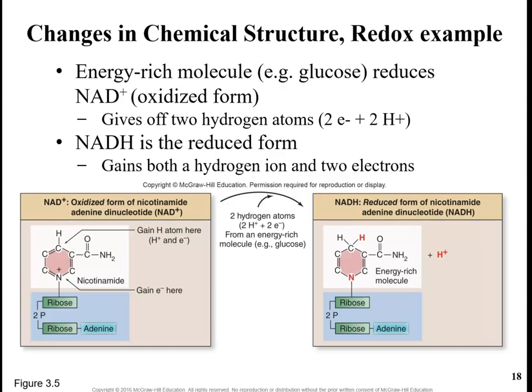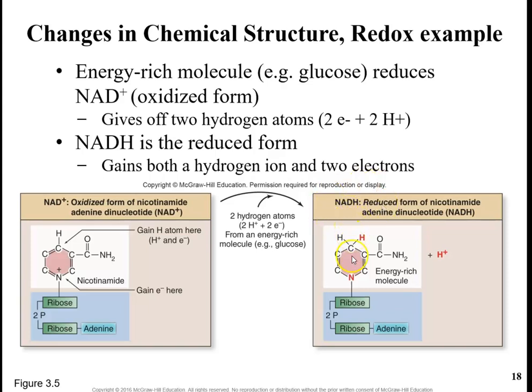Okay, here's an example of a redox reaction. So here you have NAD plus, this is the oxidized form of nicotinamide adenine dinucleotide. It gains 2 hydrogen atoms, or 2 hydrogen ions plus 2 electrons, from an energy-rich molecule such as glucose, and it becomes reduced to NADH.